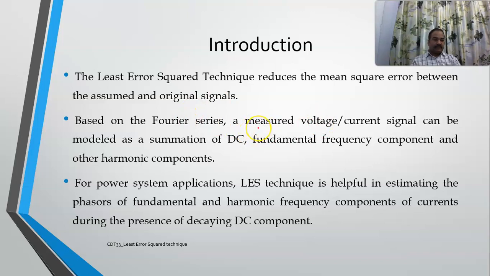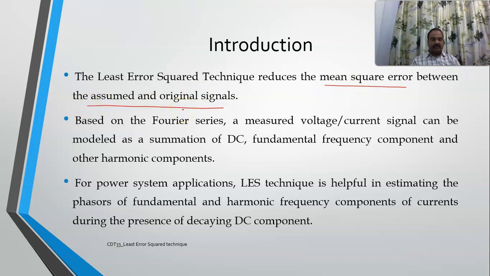Coming to the introduction of this particular method, we have already seen Fourier analysis type of representation, and we have also gone through Walsh analysis in our unit number 2. This method is very similar to Fourier analysis itself. It is also an advancement of the Fourier series. In this technique, it reduces the mean square error between the assumed and original signals.